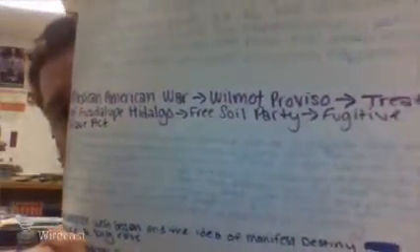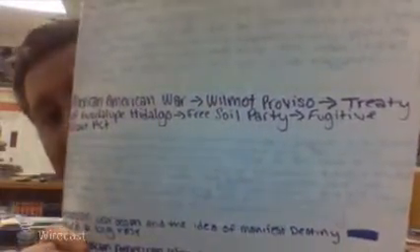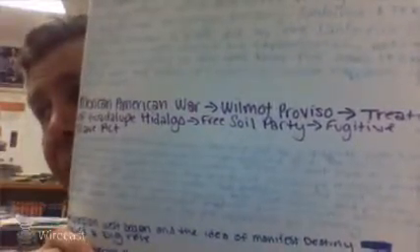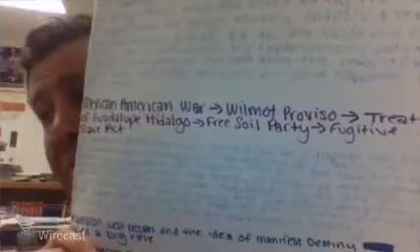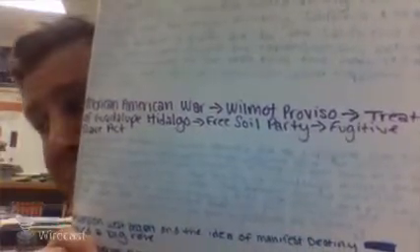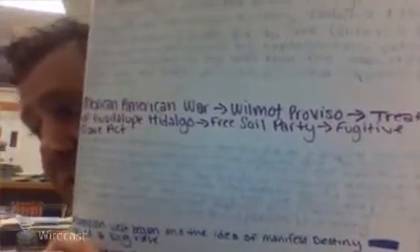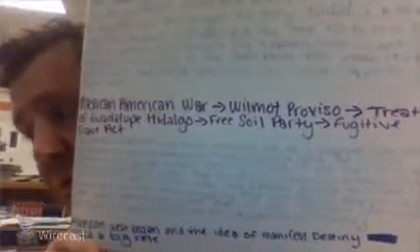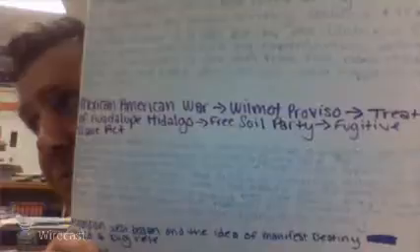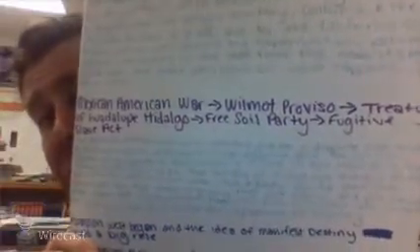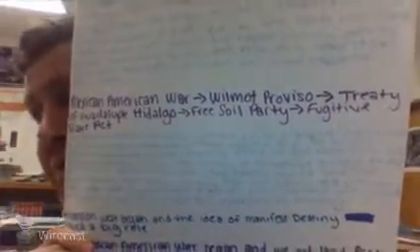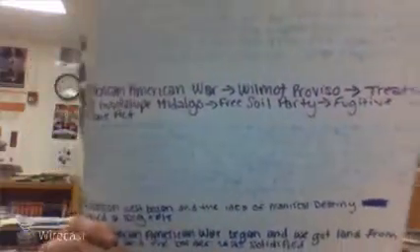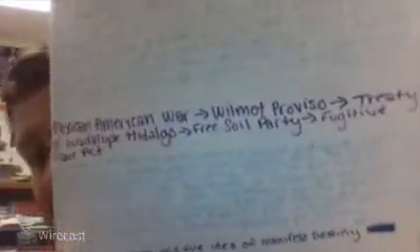And when the war breaks out, one of the very first things that happens is a congressman proposes a provision known as the Wilmot Proviso, and he proposes that any territory that we get from Mexico as a result of this war, slavery will be banned. This Wilmot Proviso never passes, but it shows that the debates are already starting as far as expansion and the issue of slavery.